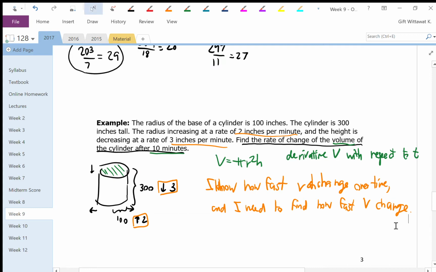So in mathematical terms, this is what I'm looking at. I have my volume is pi r squared h. I knew how fast r and h change over time.